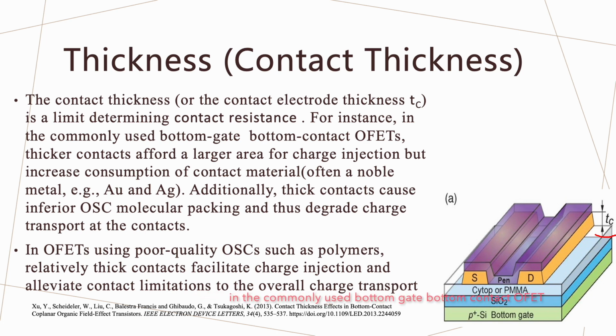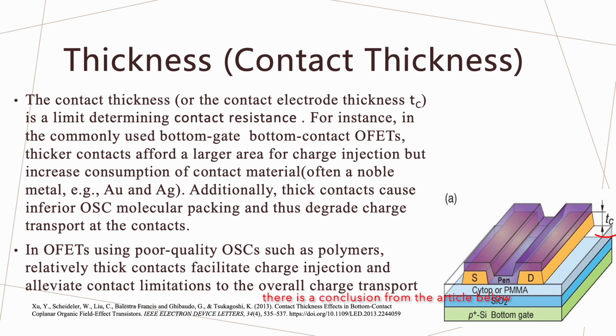In the commonly used bottom contact and bottom gate OFET, thicker contacts afford a large area for charge injection, but increase the consumption of contact material. Additionally, thick contacts cause inferior organic semiconductor molecular packing and thus degrade the charge transport at the contacts.